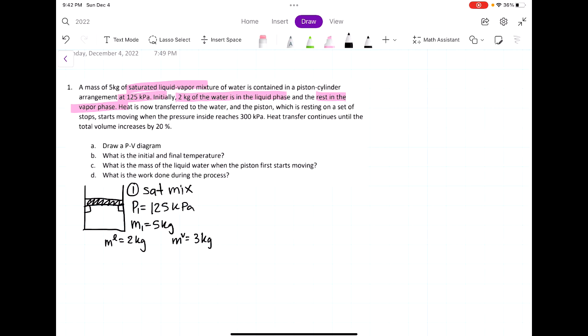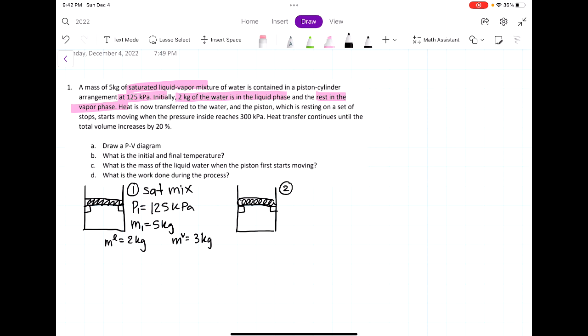Let's go ahead and figure out what the next phase is. And this is where a lot of people mess up at the beginning. They see it as a problem with 2 states when it actually is a problem with 3 states. So in the second state, it's when the piston's about to start moving.